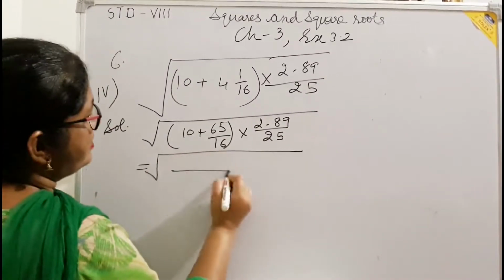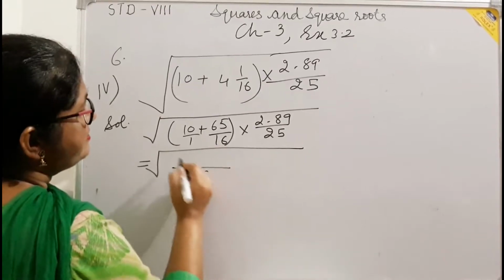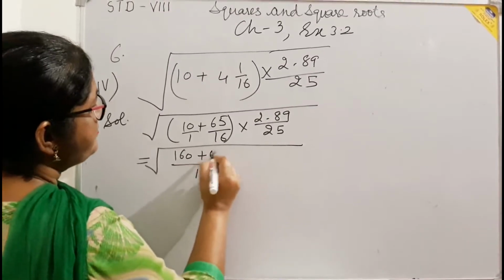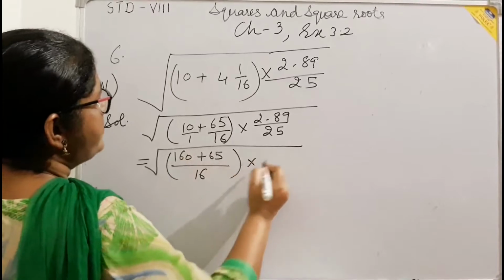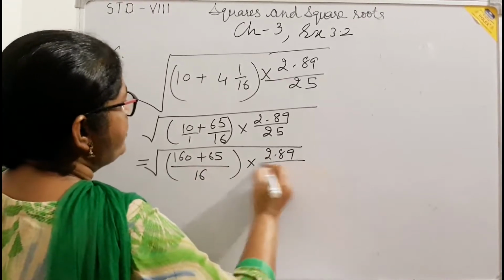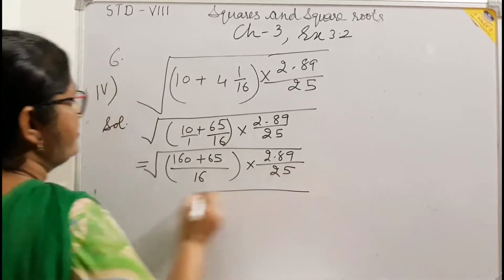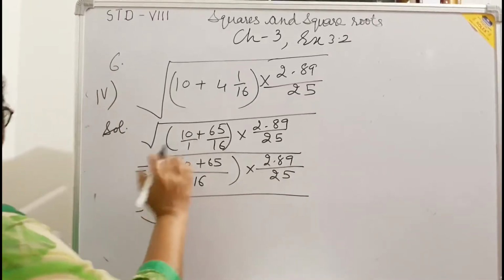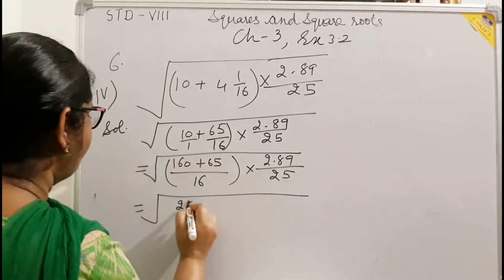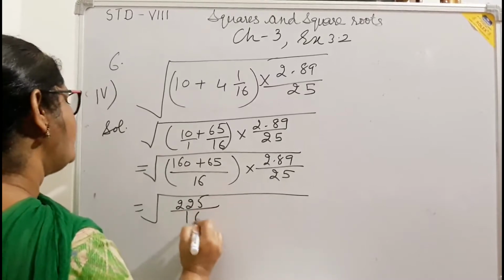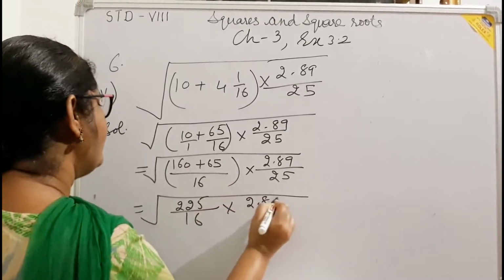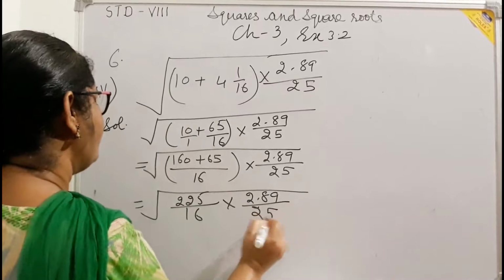Yes. Now you take the LCM 16, 160 plus 65, multiply 2.89 over 25. Add it: 225 over 16 multiply 2.89 over 25.